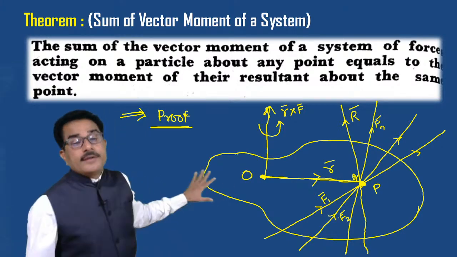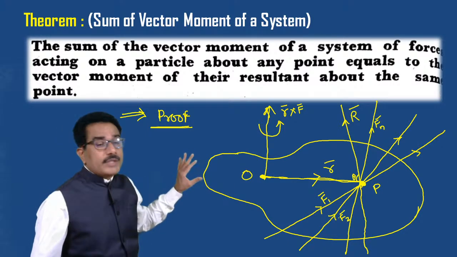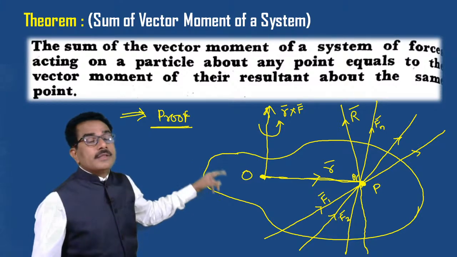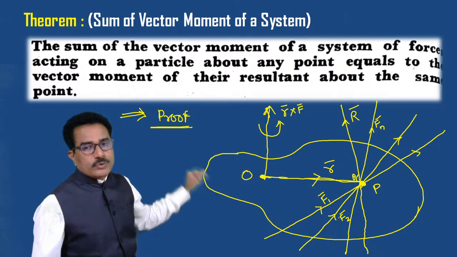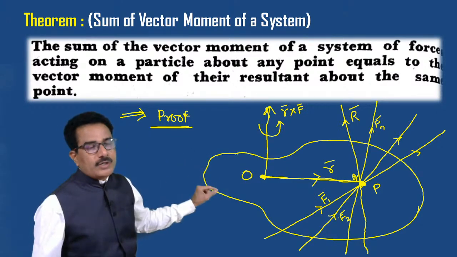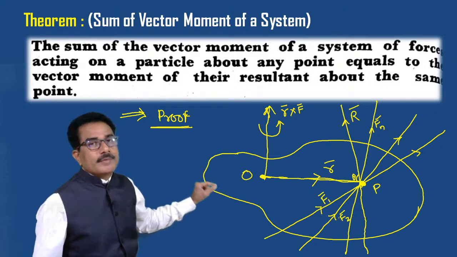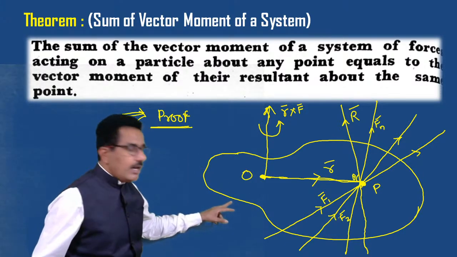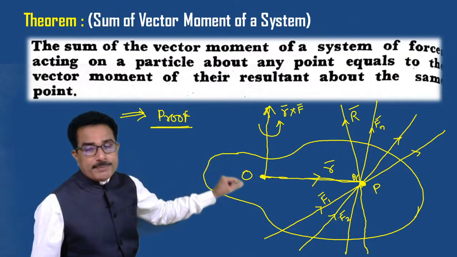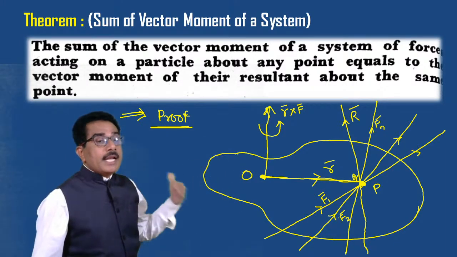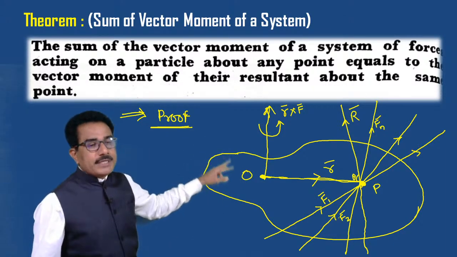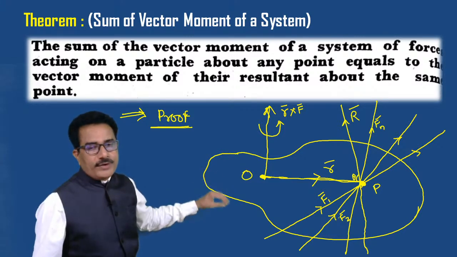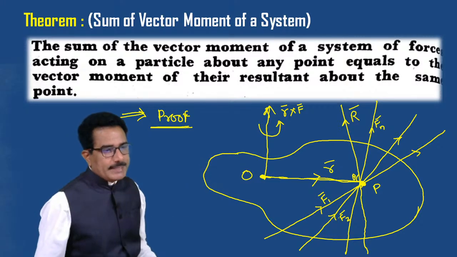Write down. First of all, I express the theoretical part of this theorem. Consider the forces F1 bar, F2 bar, F3 bar, dot dot dot, Fn bar be the n number of forces which are acting on a rigid body at a point P. Let R bar be the resultant of these forces F1 bar, F2 bar, F3 bar.